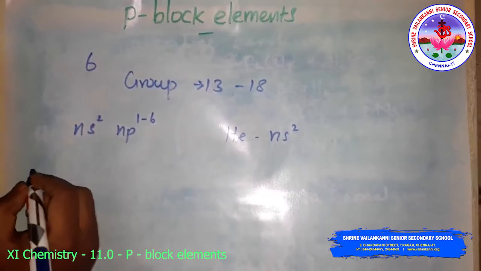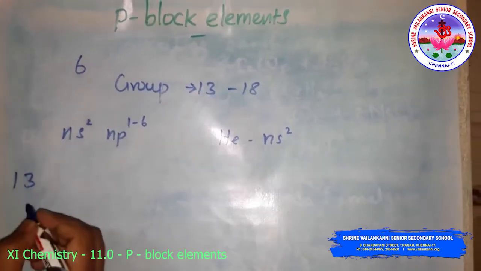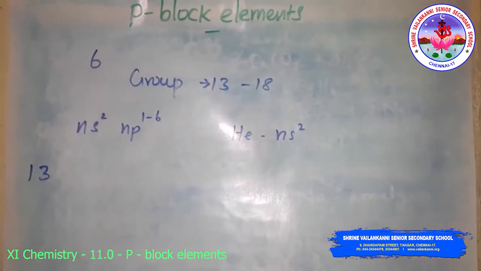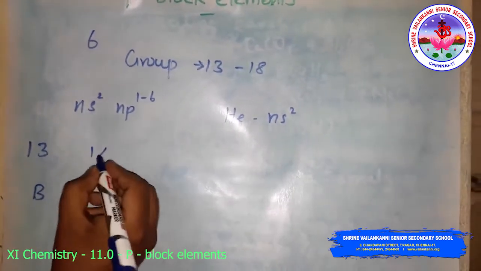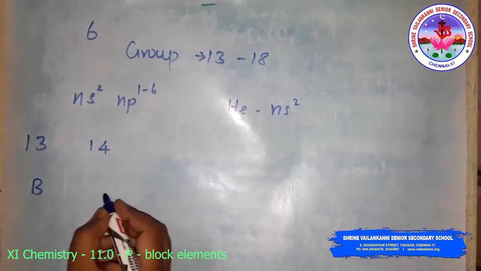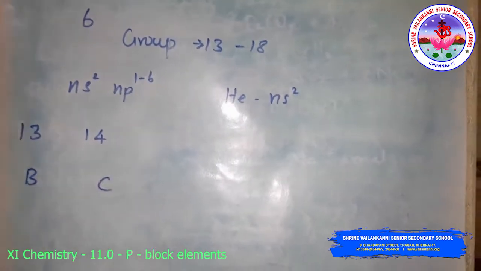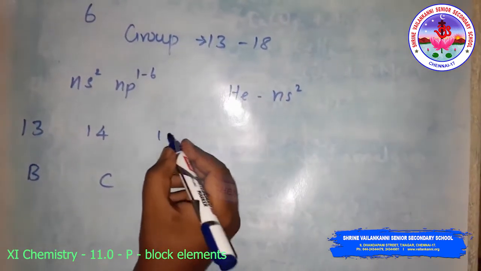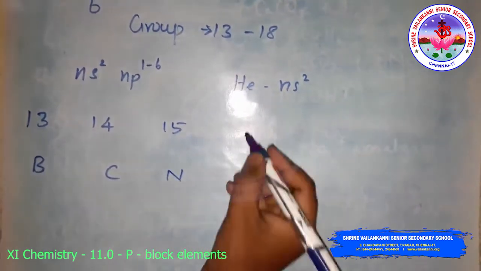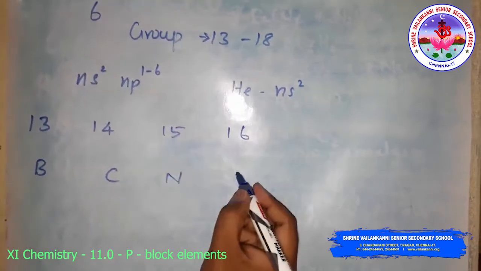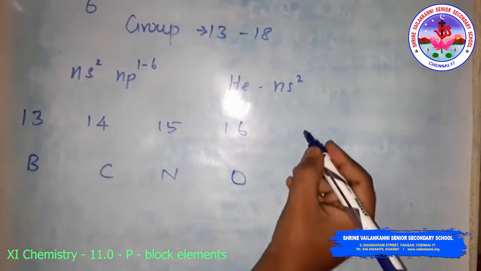Group 13 is boron. Group 14 is carbon. Group 15 is nitrogen. Group 16 is oxygen.